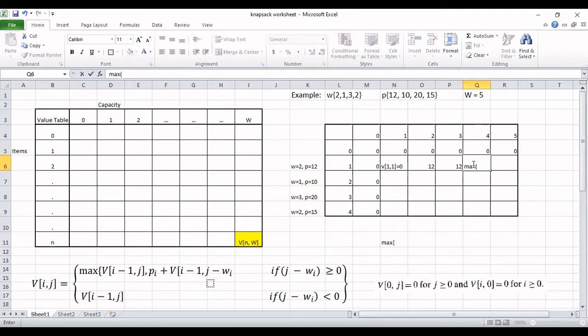Maximum of the previous cell value, that is 0, and the price of the item 12, plus V of I minus 1, J minus Wi. That is nothing but this cell value, right? 0. So we take that value as 0, and therefore 0 and 12 plus 0. So the maximum value of this becomes 12.